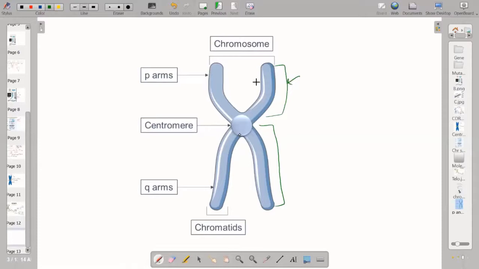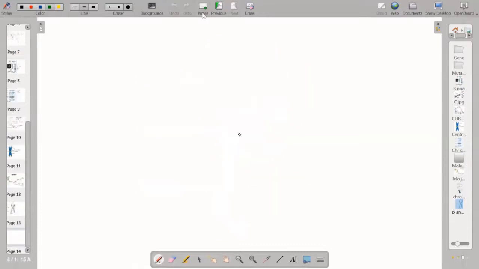The short arms of a chromatid are referred to as P arms, and the long arms are referred to as Q arms. If the centromere is more towards one end, then you have longer Q arms than P arms. So depending on the position of the centromere, the chromosomes are of different types.